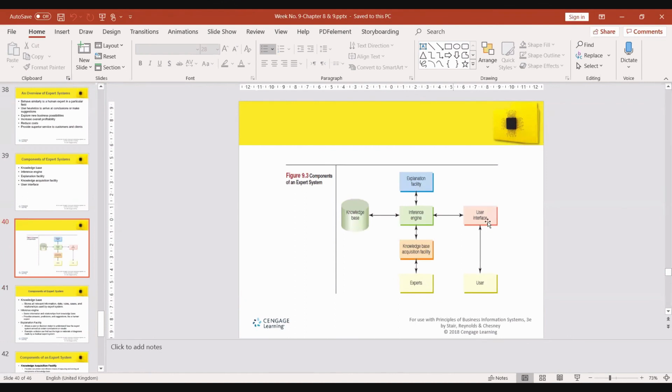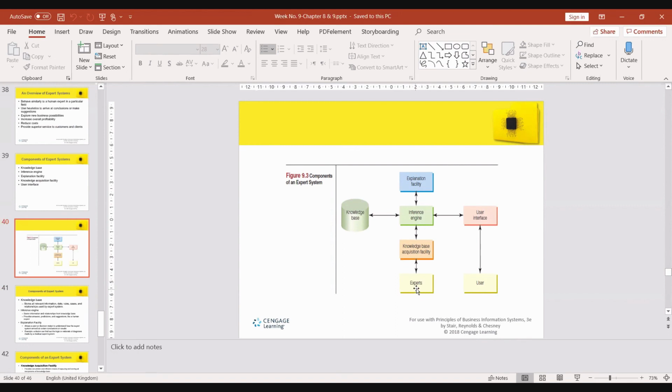So this is the model of expert system. We have the inference engine, and a database having knowledge, explanation facilities, and knowledge acquisition. So from where does it get the knowledge? From experts.